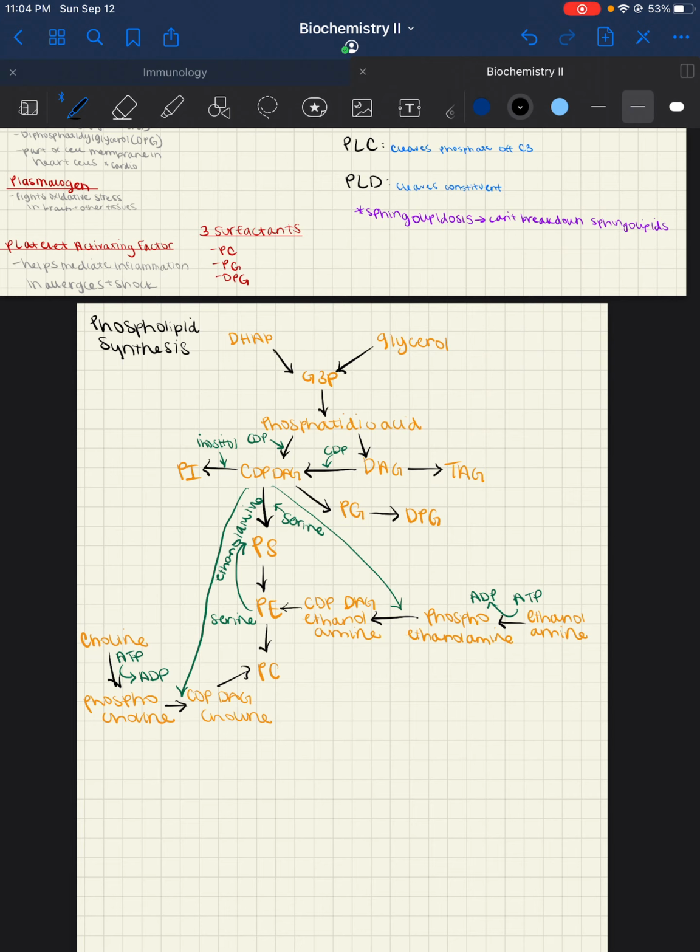I need to add an arrow right here really quick. You can get phosphatidylethanolamine by starting over here too. You can get ethanolamine, add a phosphate to get phosphoethanolamine, add CDP to get CDP DAG ethanolamine, and then you just get phosphatidylethanolamine. I hope that made sense.